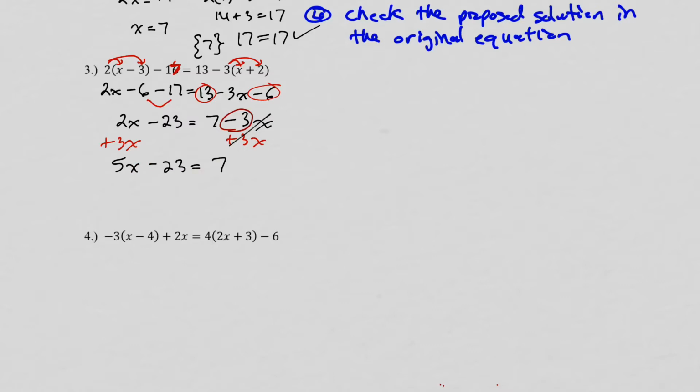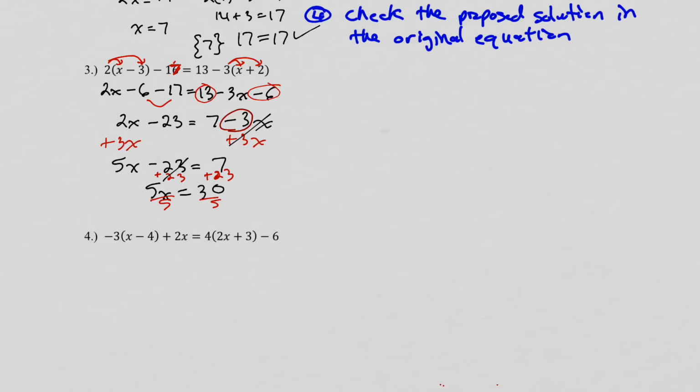Then we go ahead and add 23 to both sides. And that's going to give us 30. Then you divide by 5.